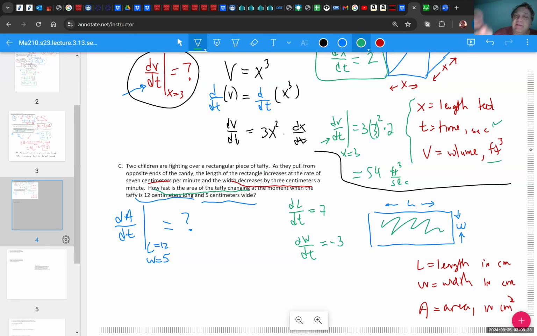Area of a rectangle is length times width. So we'll write area is equal to length times width. And we're looking for the derivative with respect to t. So I'm going to take this equation and differentiate it so I can find dA/dt. But because it's dA/dt, I need to differentiate with respect to t.